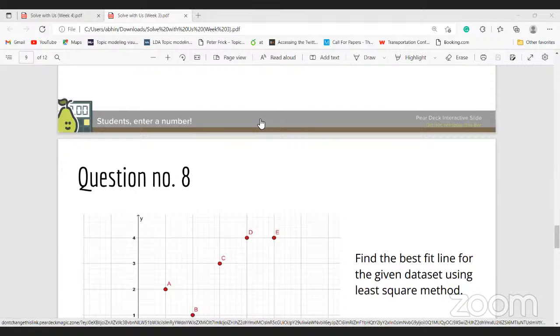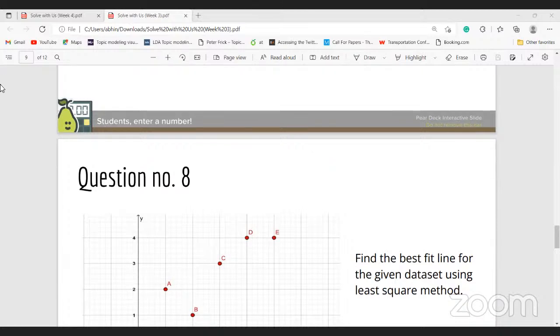Whenever you are finding error, it is with respect to the target variable. You don't find error with respect to the independent variable. Got it? Sir, my question is how would you have solved it in that case? It's basically a least square question only. So you find the error, square it, sum up.